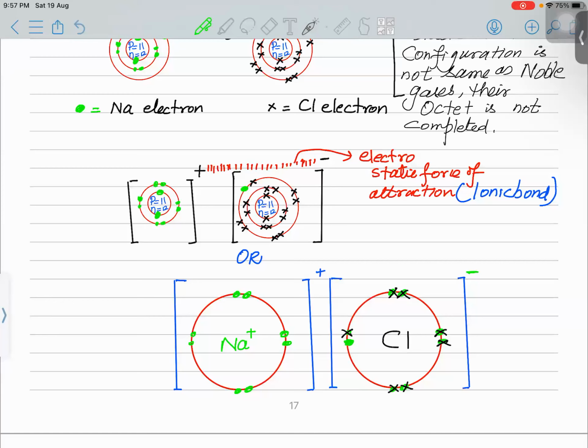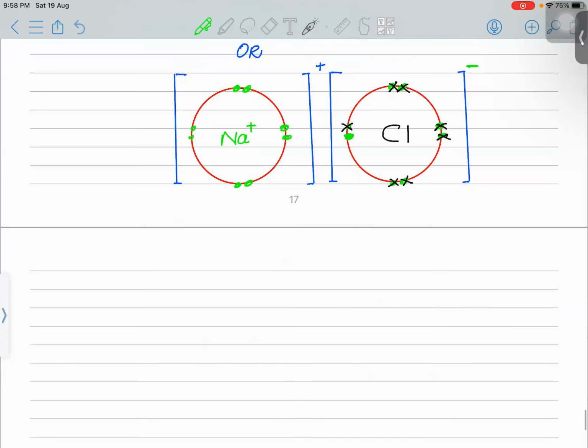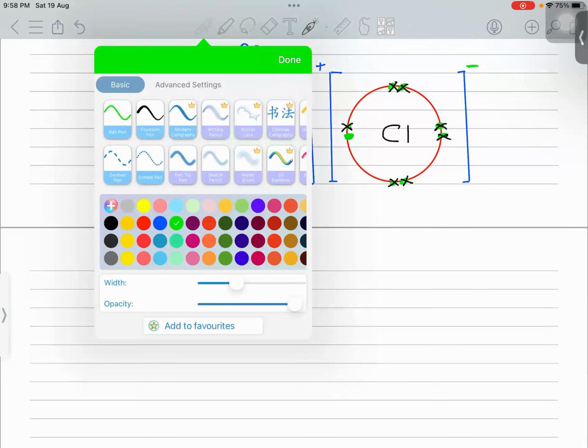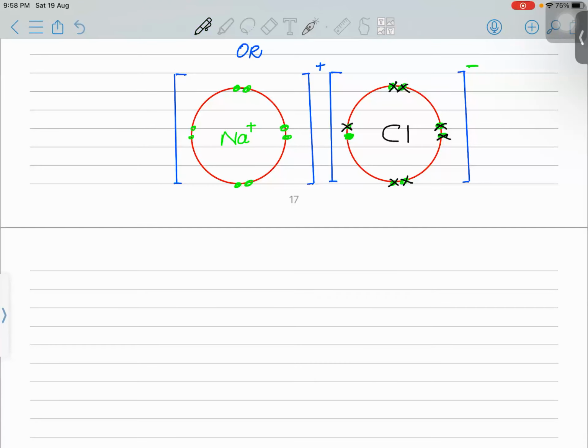Now next is this, ionic bond and electrostatic force of attraction. Next is another example.